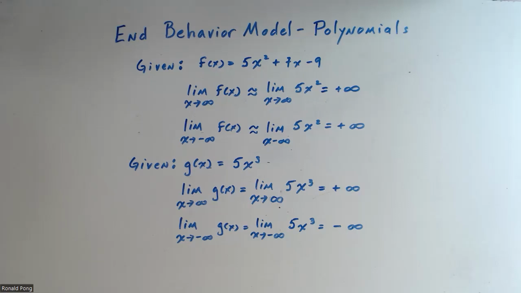We can see that whether we go to positive or negative infinity for an even exponent, in this case quadratic, we're going to end up at positive infinity.